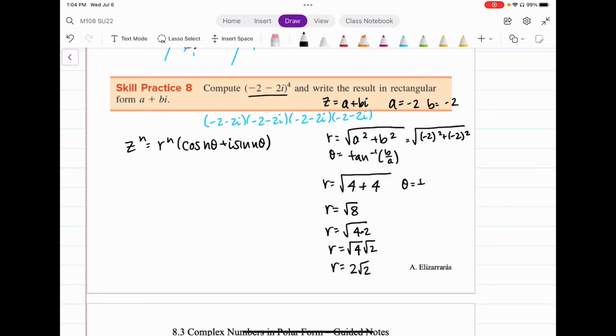Theta is then going to be equal to the inverse tangent of negative 2 over negative 2, or the inverse tangent of 1. The inverse tangent of 1 happens in multiple quadrants in the unit circle because it is pi periodic. So let's think about where our a and our b are. a is -2, b is -2.